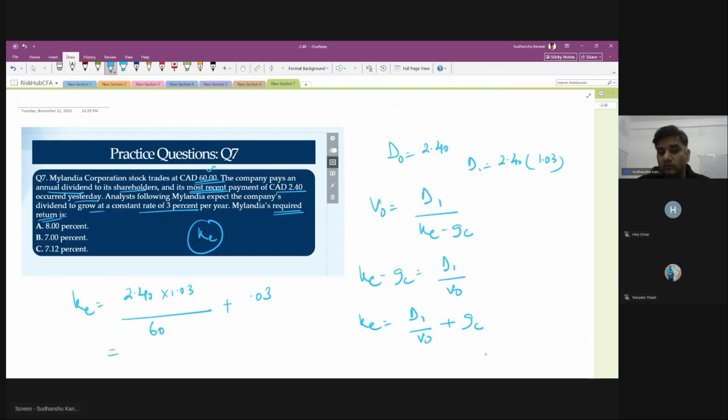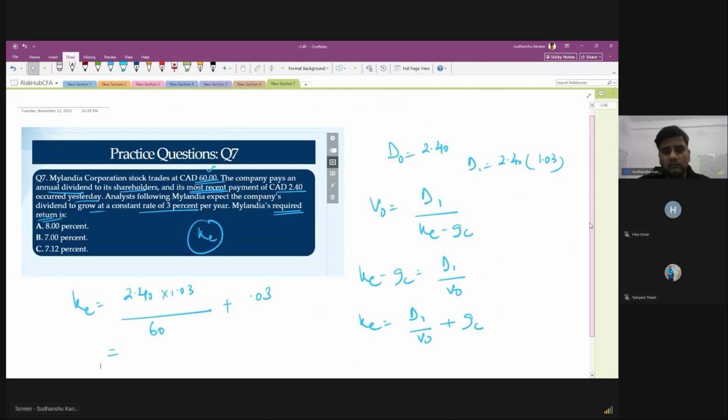So this is what you have to do, guys. 2.40 into 1.03, divided by 60, plus 0.03. Very, very simple, very straightforward question. Just have clarity on how to go about it.